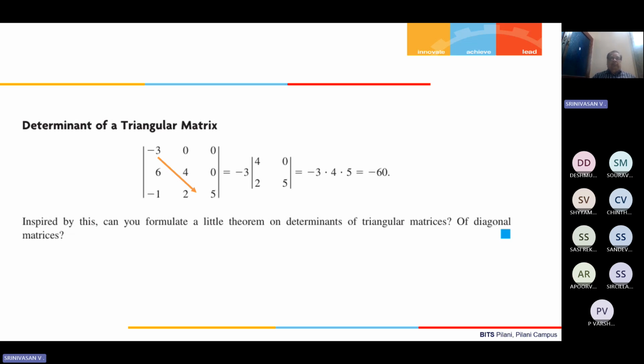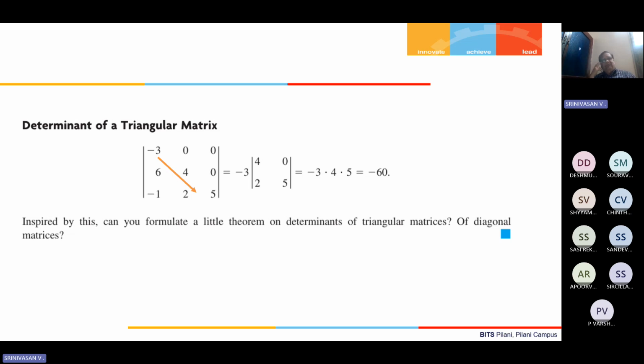Then within brackets, you write minus 3 multiplied by its minor 4, 0, 2, 5. We have not written the remaining two terms because they are going to be 0: 0 into the minor 6, 0, minus 1, 5, plus 0 into its minor 6, 4, minus 1, 2.